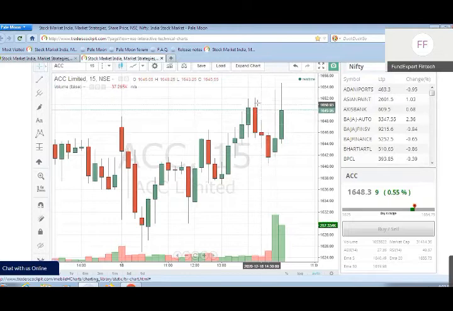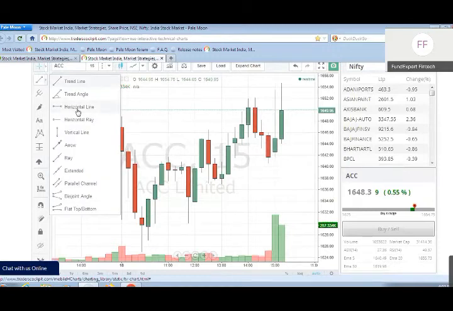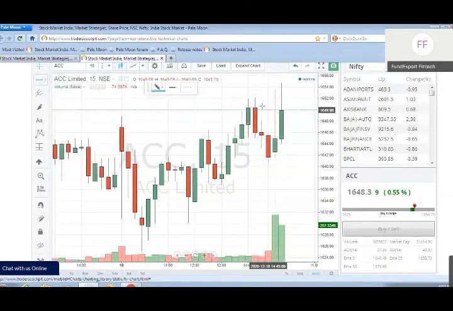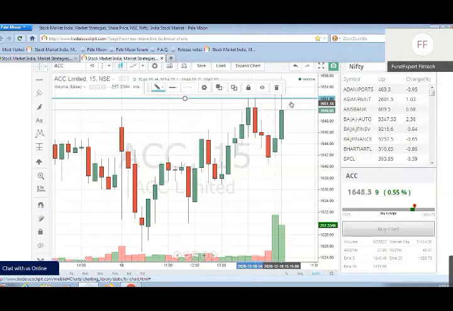Going forward on Monday, if this high value is breached, somewhere around this 1650, if price crosses above this 1650, that would be a good point to go for a buy call and put the stop loss. Technically, you can put the stop loss just below the point where the swing has happened, just below the previous bottom which has been formed.